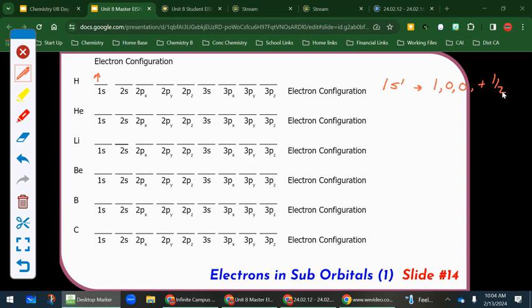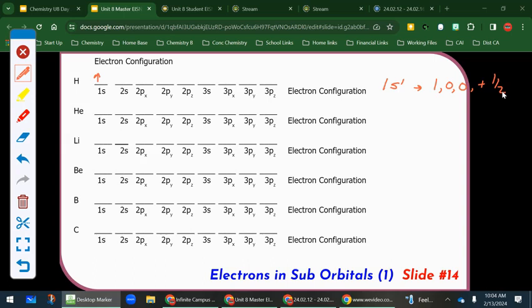Now, would you rather write out all four of these or this? These two are taken by this. The S's, there's only one orientation of them. So it's telling you that this is the 0 sublevel, and there's only one orientation of it. This is telling you one electron spinning one direction. Questions? Okay.